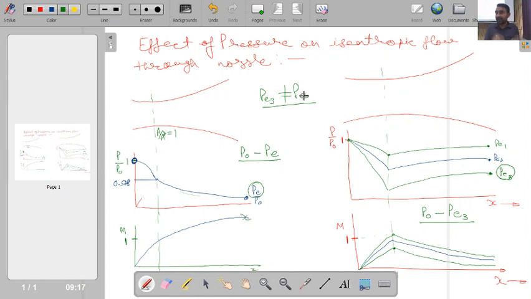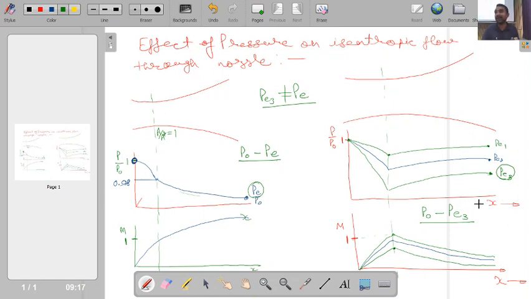Okay, another important point is that for the subsonic case, if you maintain different exit pressures such as PE1, PE2, PE3 or PE4 etc., we will be finding different isentropic subsonic solutions possible.